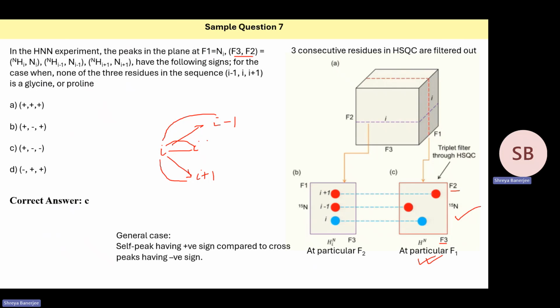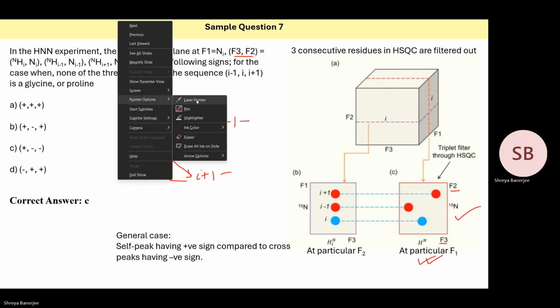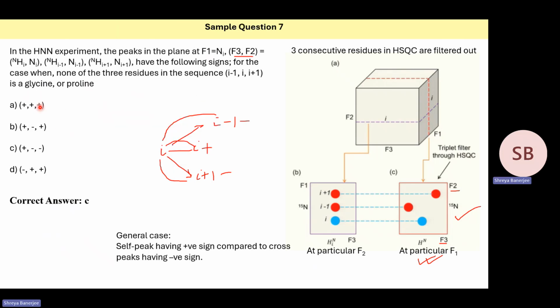The self peak will have positive sign and the cross peaks will have negative sign. So that will automatically cancel out your option A and option B. The only option with 2 negative signs is your option C, which is your correct answer.